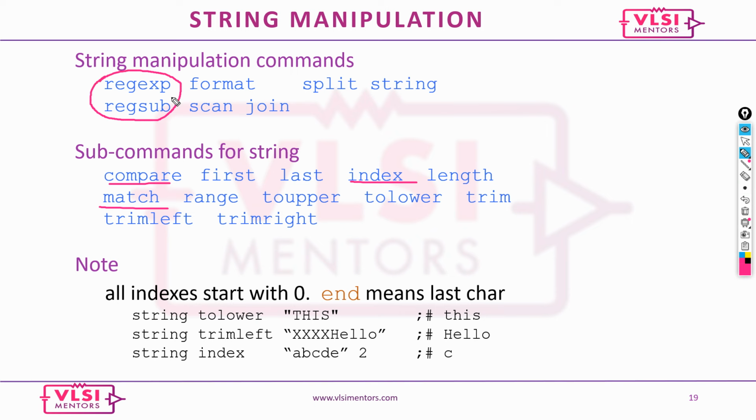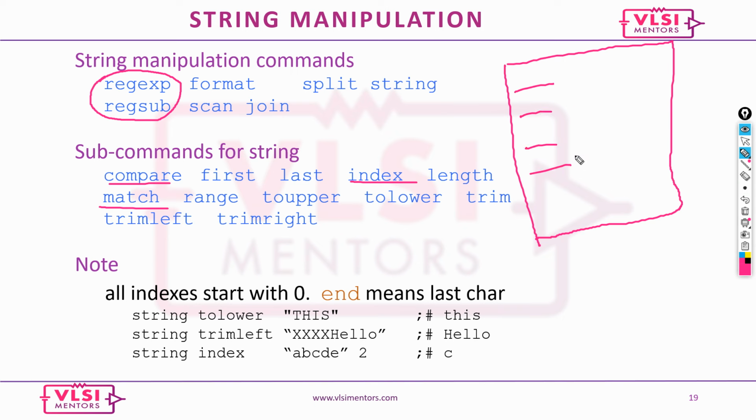If you want to find a particular pattern that you want to match, then you can use regular expressions. And if you want to substitute something, say for example, you have a file like this, and say you have a line.